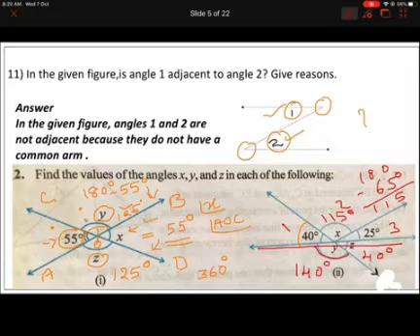There are many ways of finding the value of the given angles, because you know what the angles are now, and you can give any reason, but the reason should be apt. Clear? Let's move on. So we found out angle Z is 40 degrees, angle X is 115 degrees, and angle Y is 140 degrees. Okay? Let's go to the next main.